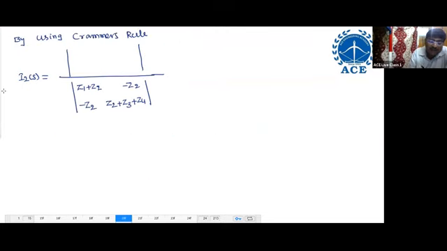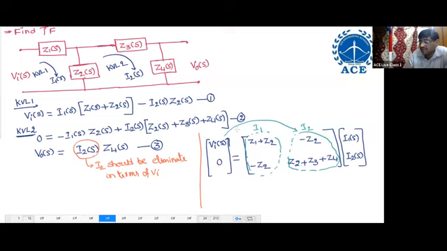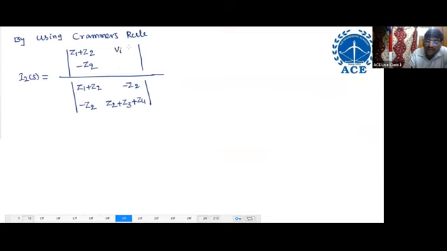Here, Z1 plus Z2 and minus Z2 stay the same. Then what do you have to do here? The I2 elements are replaced by the source, so I write Vi of S and 0. Then simplify, and you will get the answer.